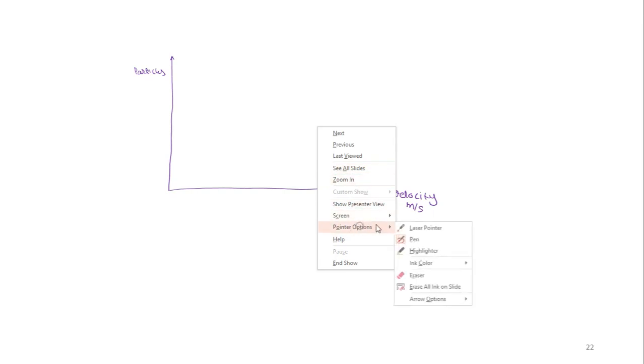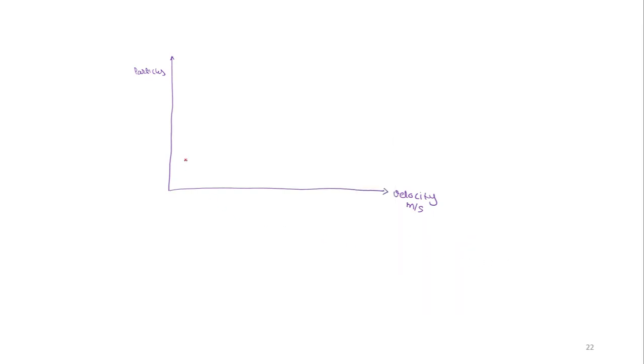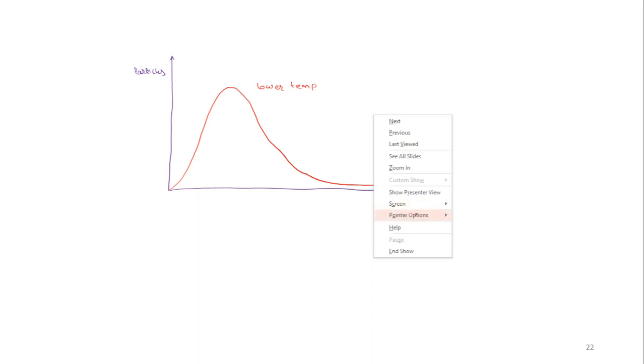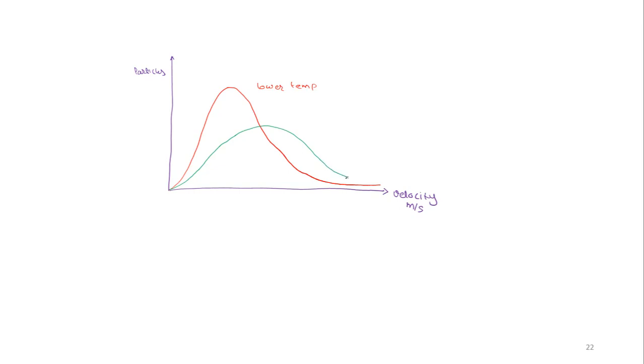Let me change the ink color to red. So we'll say for example this is the graph at lower temperature, and if the temperature is increased, the shape of the same curve would change. Okay, so this is what I mean to say.